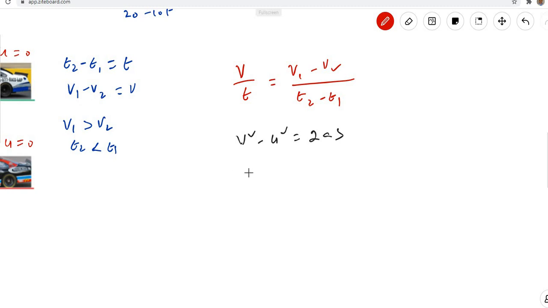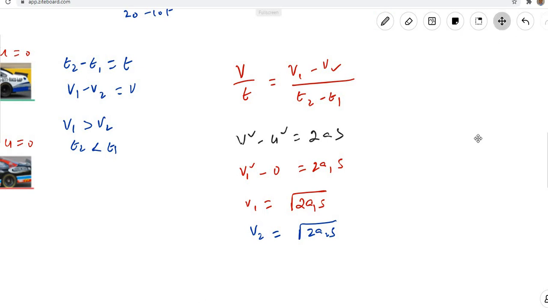For Ram, his velocity is v1 square, initial velocity is 0, and this is 2a1 s. So v1 is equal to root over 2a1 s. Similarly, for Sham, v2 will be root over 2a2 s, because we apply the same equation.